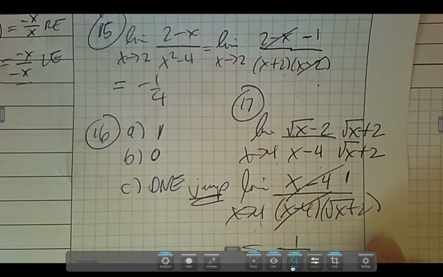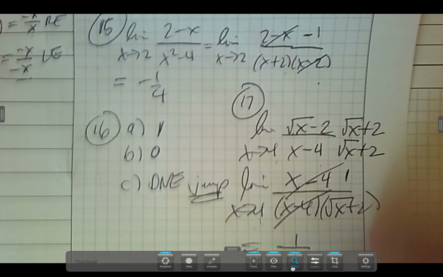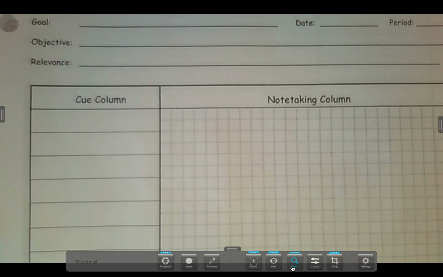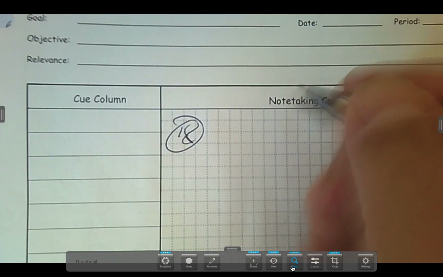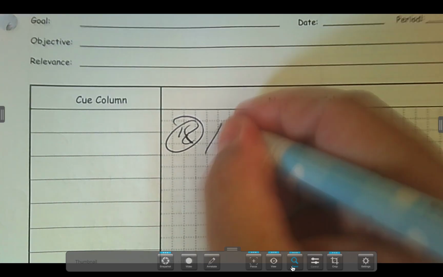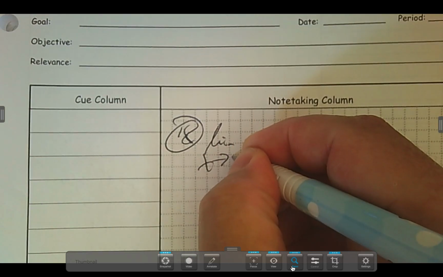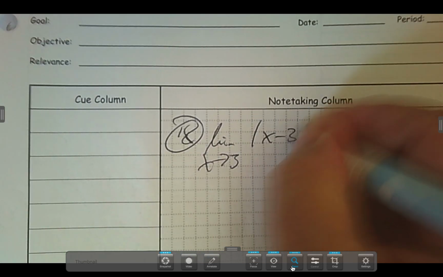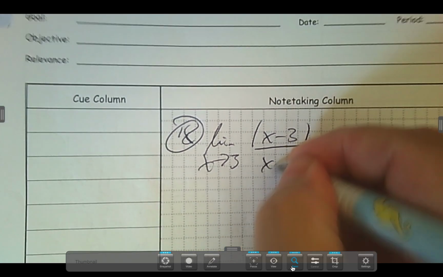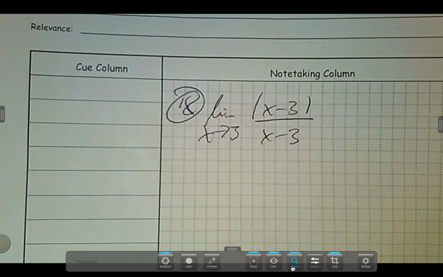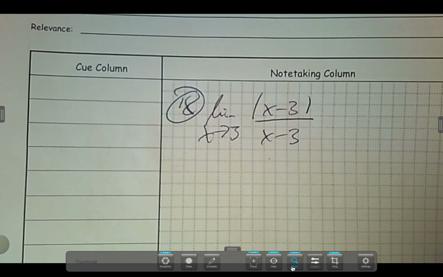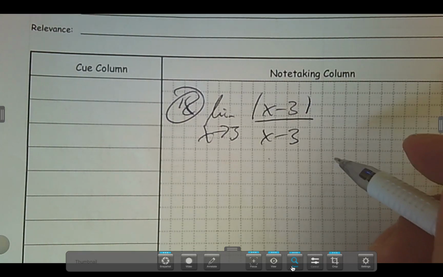Number 18. You have the limit as x approaches 3 of the absolute value of x minus 3 over x minus 3. Now, when you plug 3 in, it is indeterminate, so it may or may not exist.